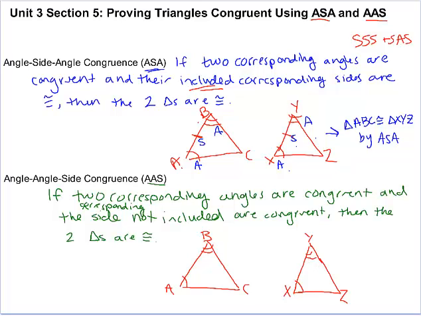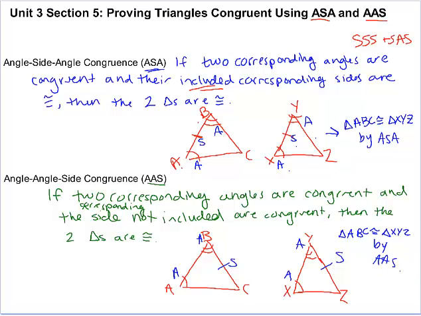So here we could say BC and YZ are congruent. And then if we do our labeling, look here, it's angle, angle, side. If we had it set up like this, these two would be congruent. So triangle ABC would be congruent to triangle XYZ by angle, angle, side.